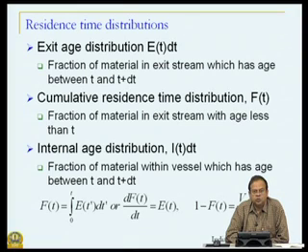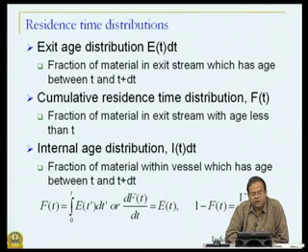Cumulative age distribution f of t is the fraction of the material in the exit stream with age less than t, and internal age distribution I of t dt is the fraction of the material within the vessel which has age between t and t plus dt.